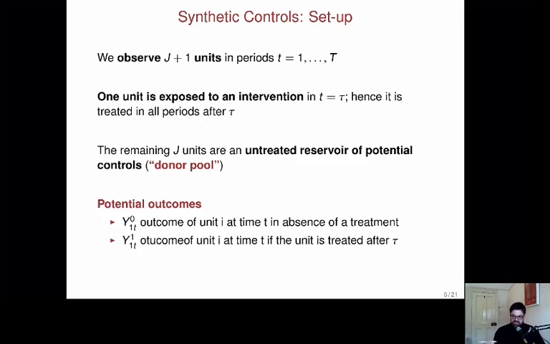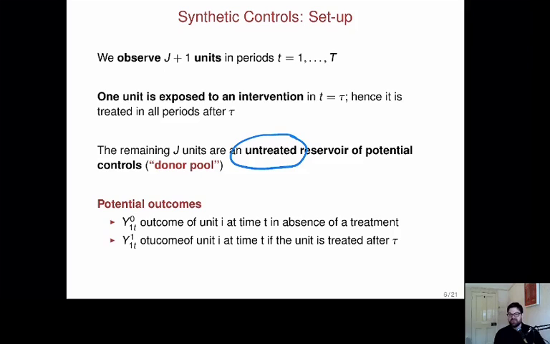And so these J units that have not been treated are part of what's called the donor pool. One conceptual issue here is that they should be untreated. So it also means there should not be any spillovers possible. And that depends on the context of your study.